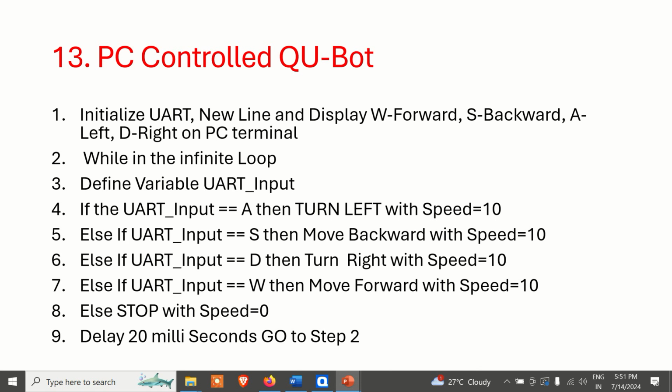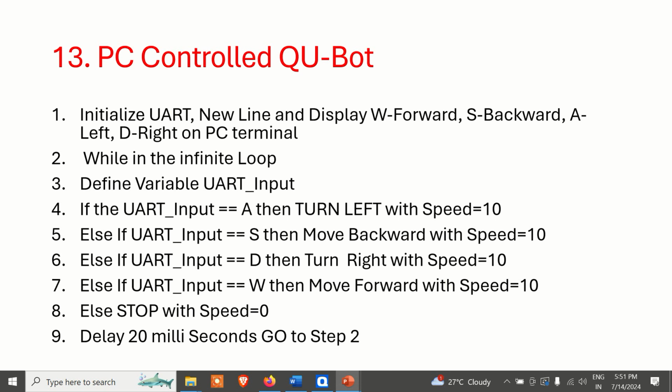Alright, so a slight modification as compared to previous example. In the previous example, we have used TV remote, IR remote, to send the key values, and accordingly we have controlled. This time it is a wired communication where computer through wire USB cable we have connected to UART of the QU board, and we are controlling it.